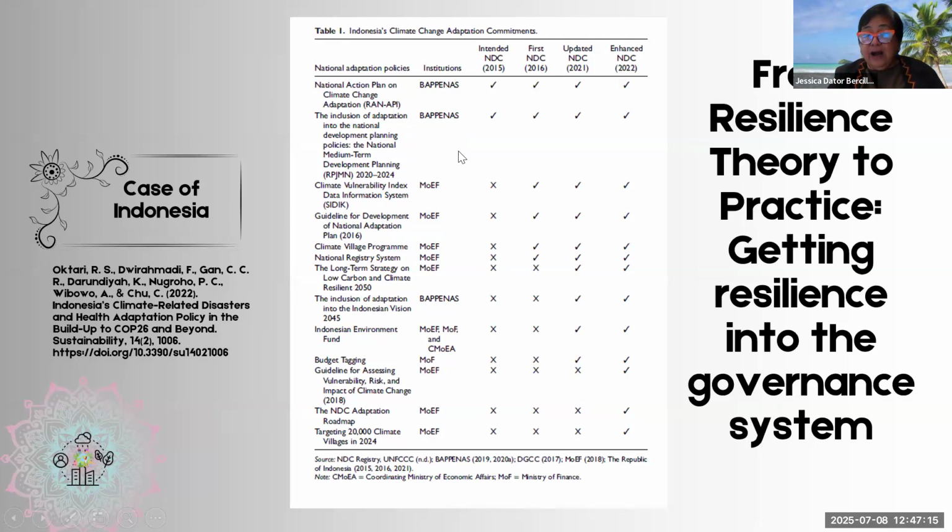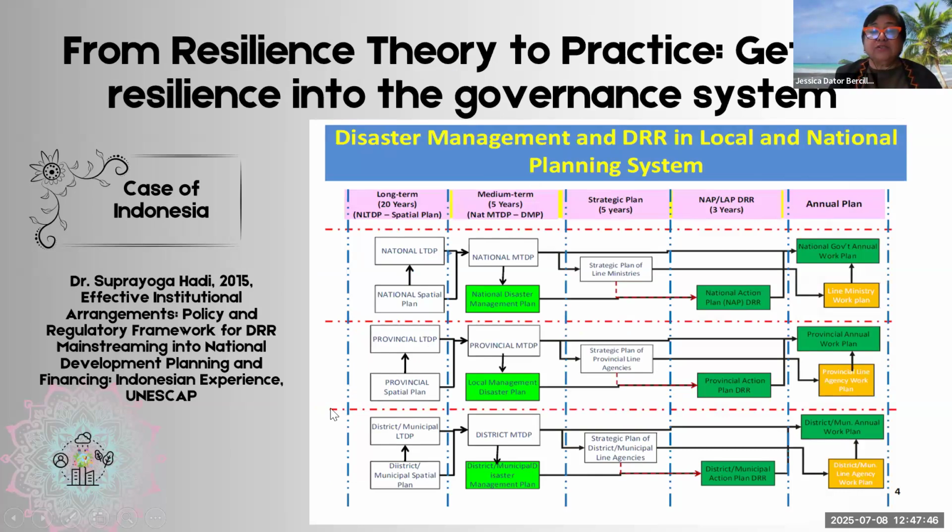You can also see it becomes part of the national registry system and the community village program by the Ministry of Environment, and for the Ministry of Finance, you have budget tagging of these resilience measures attached to risk reduction and climate change action. So this is also part right now of the disaster management and local and national planning system.